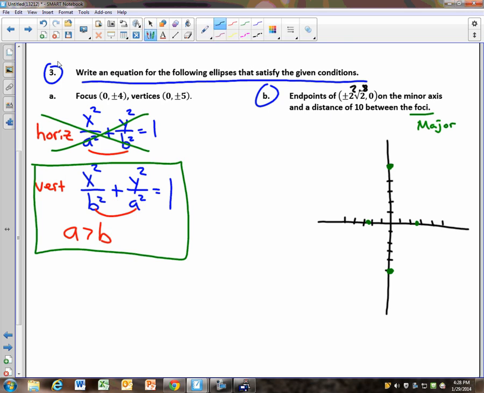So I'm going to identify these values: A, B, and C. The minor axis is going to tell me B. The B value is 2 roots of 2. C is the distance of the foci, which is 5.